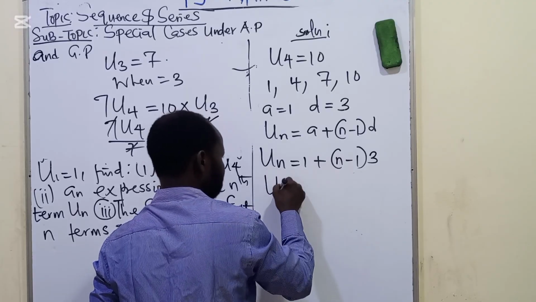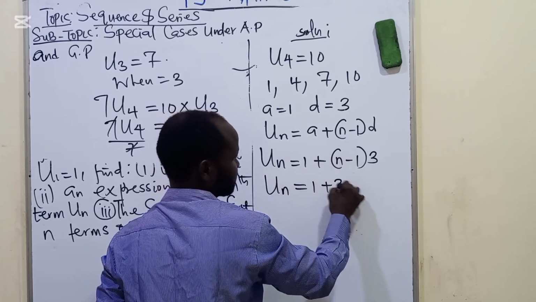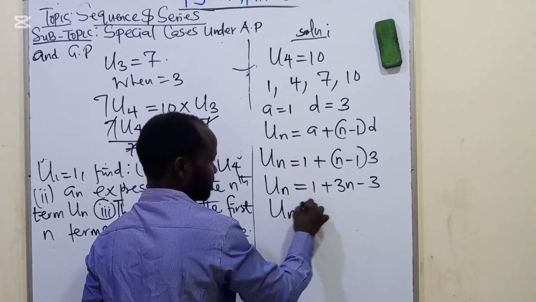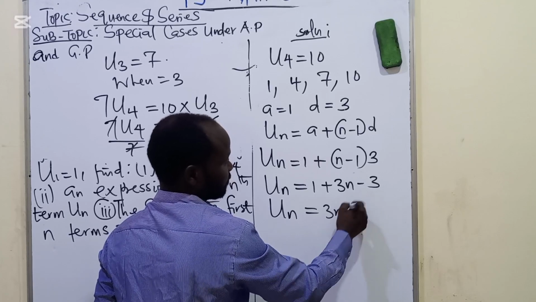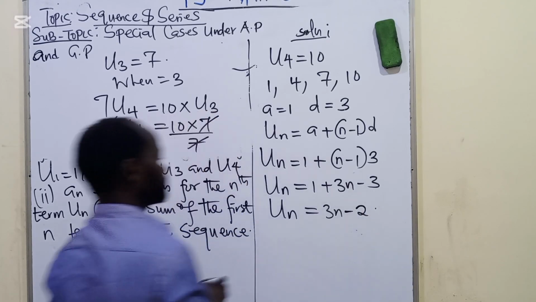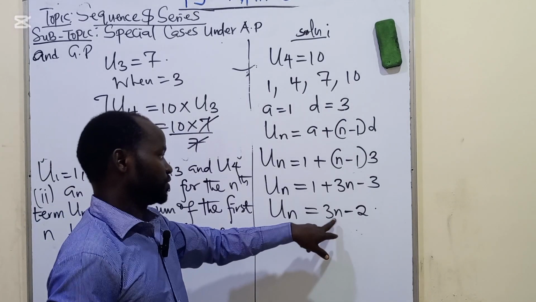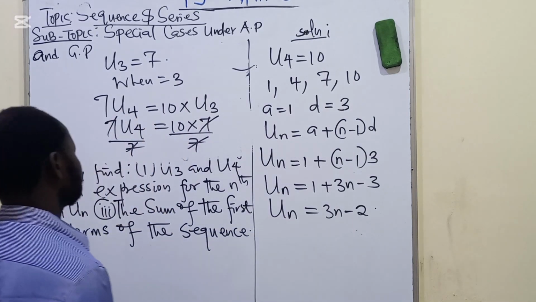So that is 1 plus 3n minus 3, which is 3n minus 2. So the nth term is nothing but 3n minus 2. This is our nth term.